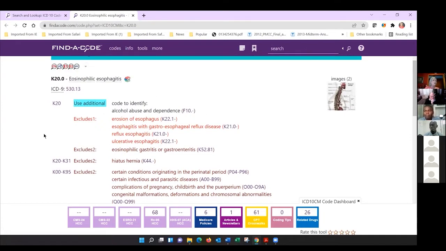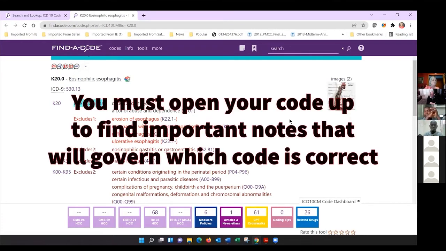See, when you were learning the coding guidelines, all this was mentioned about Excludes1 and Excludes2 notes. You don't find those notes unless you open your code up.